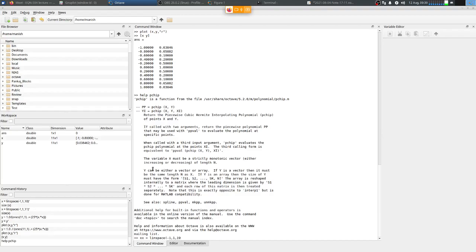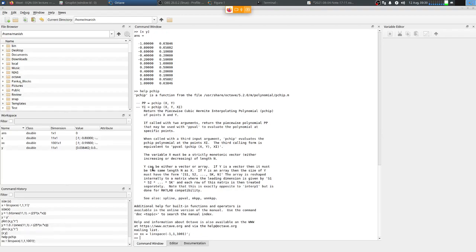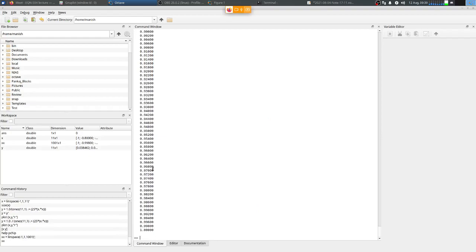Let's say I generate it at 1001 points. So instead of 11 points, I generate 1001 points. So xx, these are the points. As you can see, these are very closely spaced.